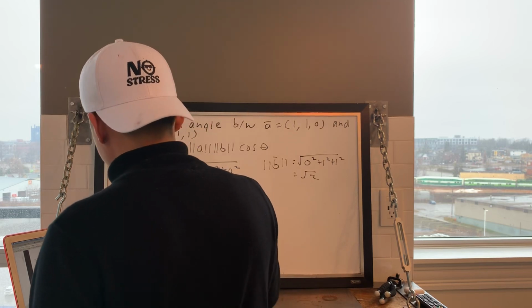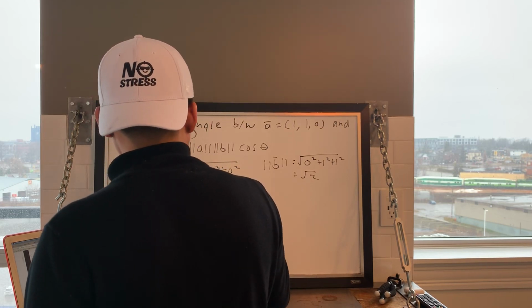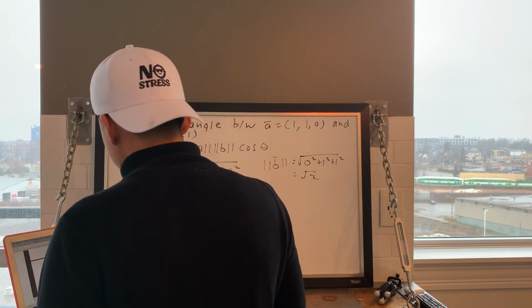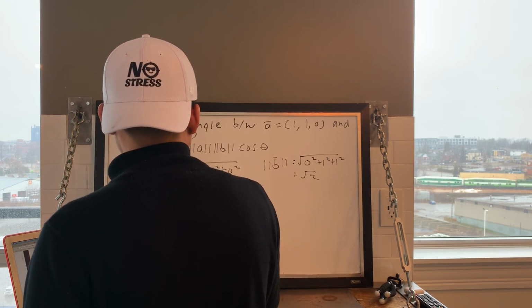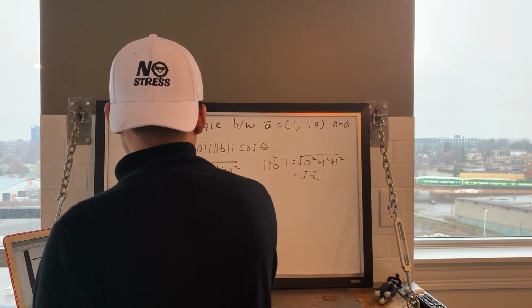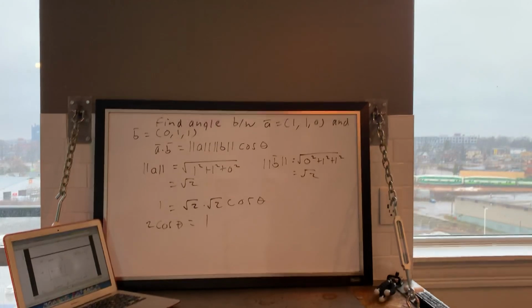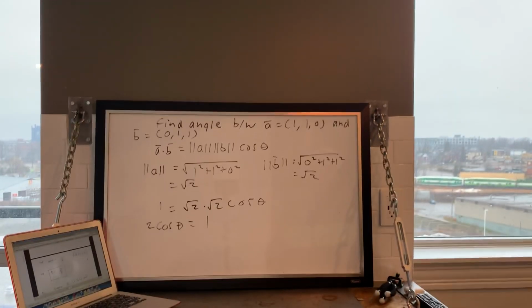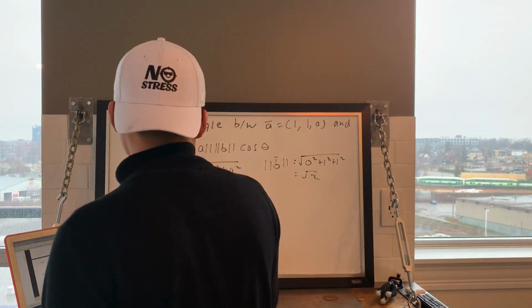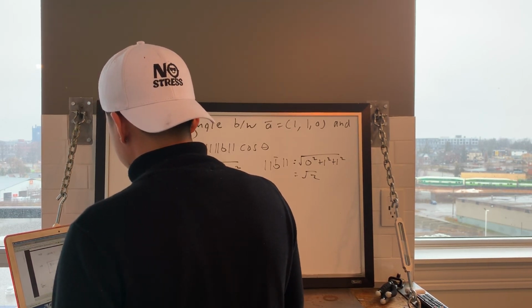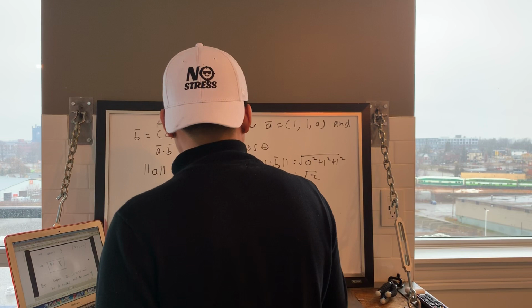So 1 would have to equal root 2 times root 2 cosine theta. In other words, 2 cos theta equals 1. So root 2 times root 2 is indeed 2. Meaning that cos theta equals a half. And that would be theta equals pi over 3.